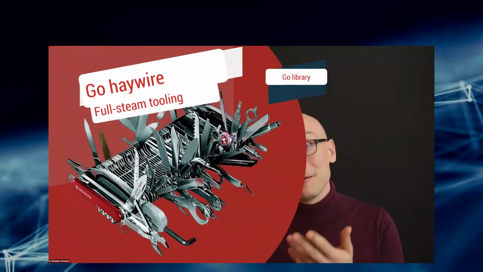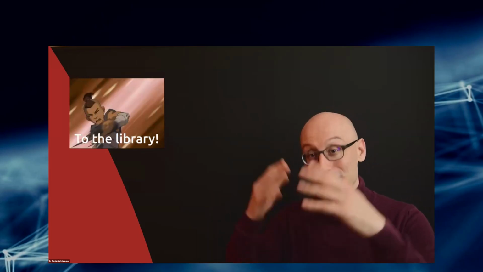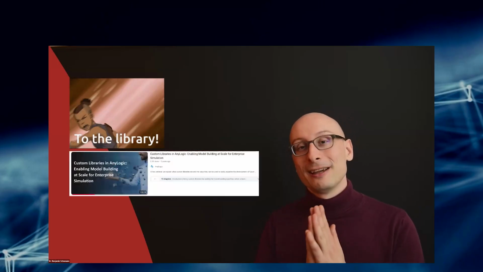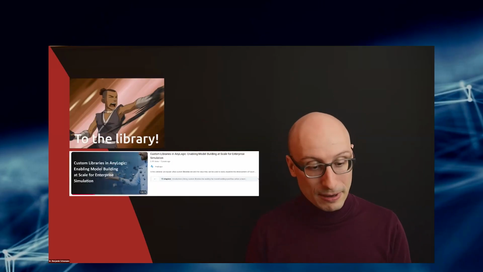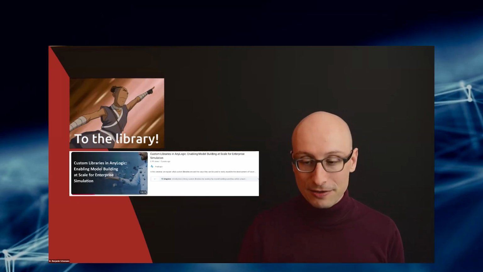And everything so far that I've shown basically points into one direction, and it is towards the library. You will want to actually unify all this stuff in your own library. That's typically the most elegant way. Now, AnyLogic has already a webinar about this, so go watch it. It's really, really useful how to create a library, the advantages and all that kind of stuff.